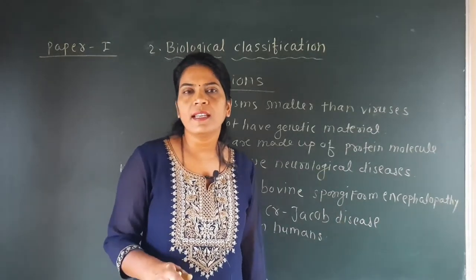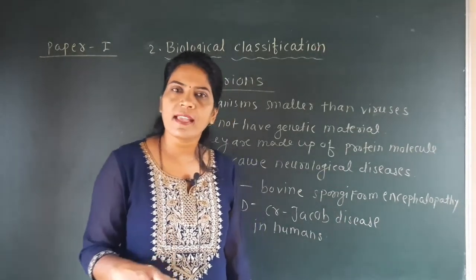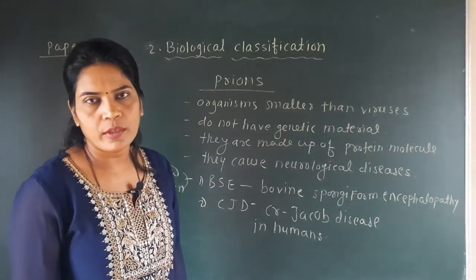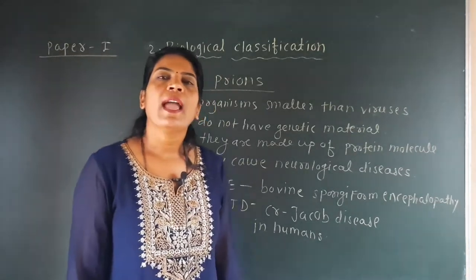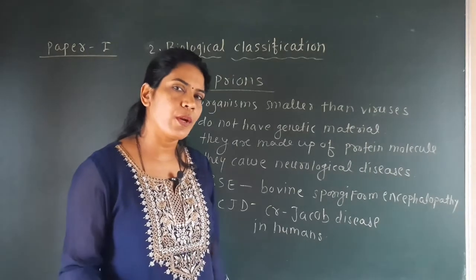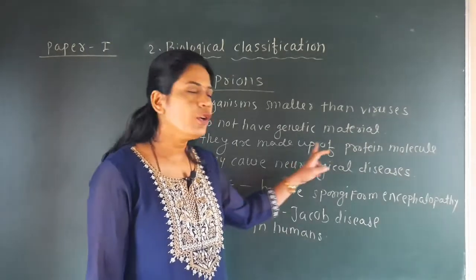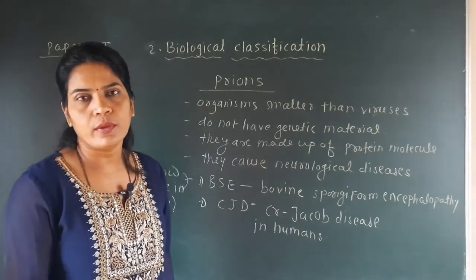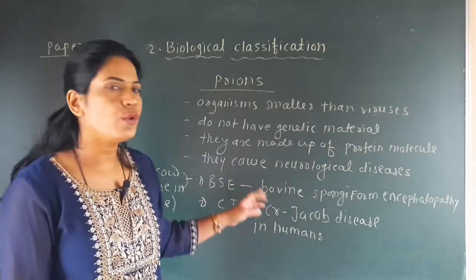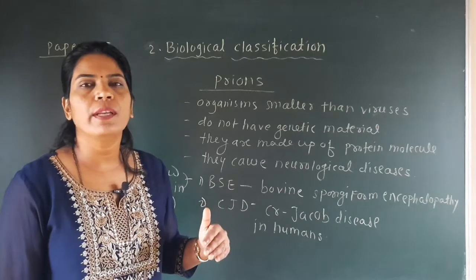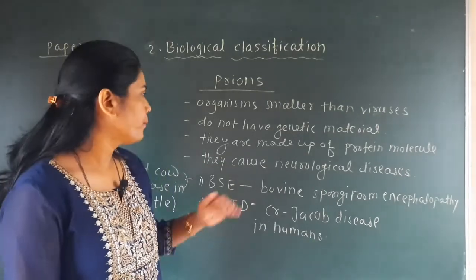We have seen that viruses have genetic material and the protein code. Viroid has genetic material but does not code for protein. And prion does not have genetic material but has the protein component. So you have to keep in mind the comparison of the virus, viroids and the prion.